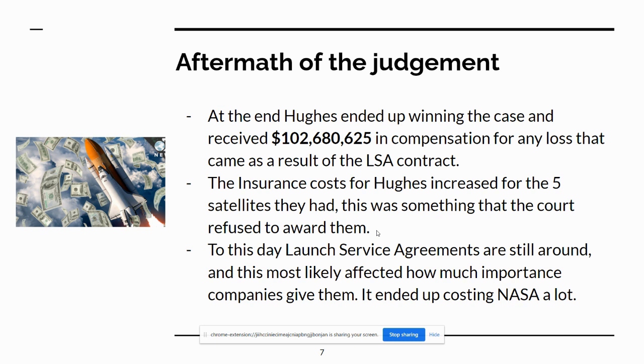They also tried fighting for insurance costs that skyrocketed after this, but it was rejected by the court, so they couldn't get any funds from that. To this day, launch service agreements are still around, and this case probably lets companies know now to put more importance into this type of thing and make sure that a mistake like this doesn't happen again.